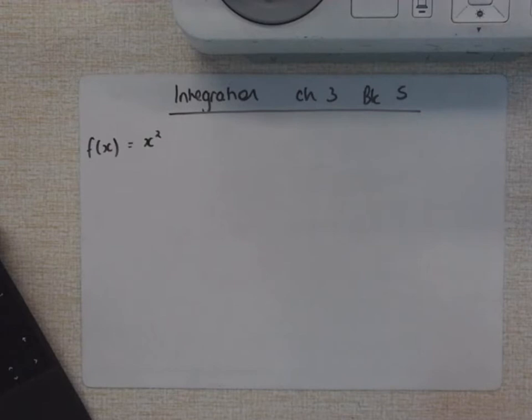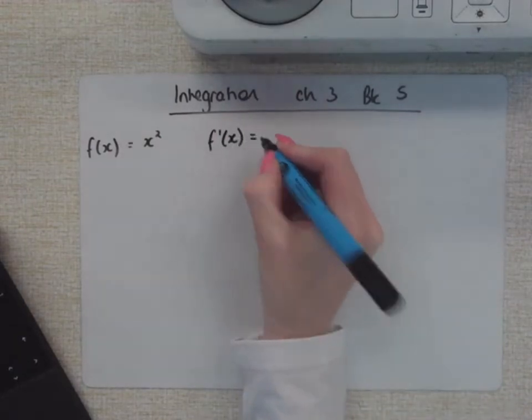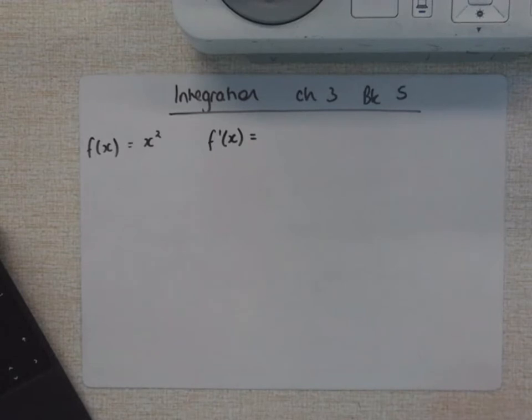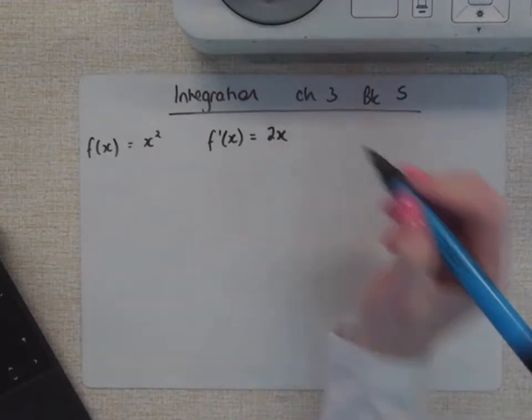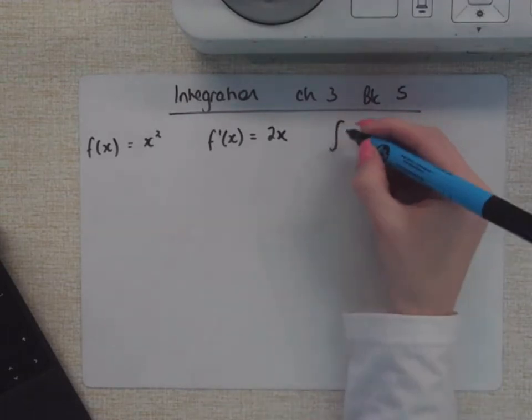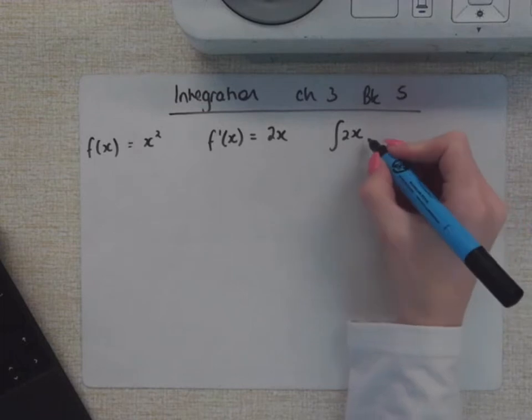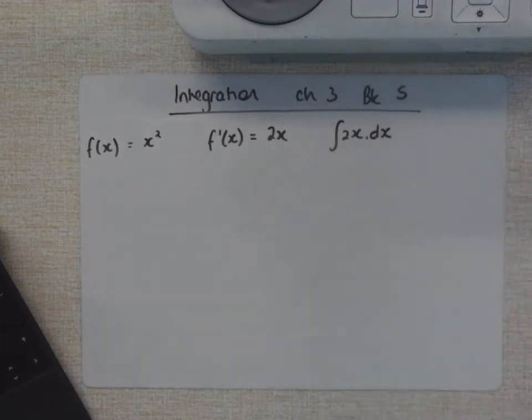Okay, so like we said, if f of x is x squared, f dash x, the derivative of that is, what? 2x. And the way you write the integral of 2x is you put a dx after it. Okay?